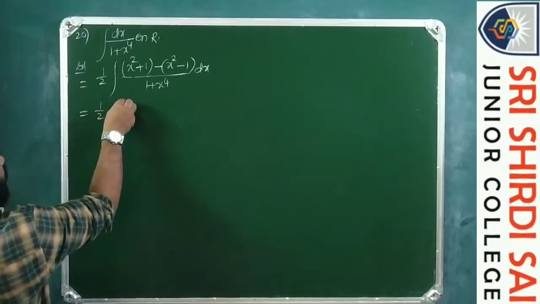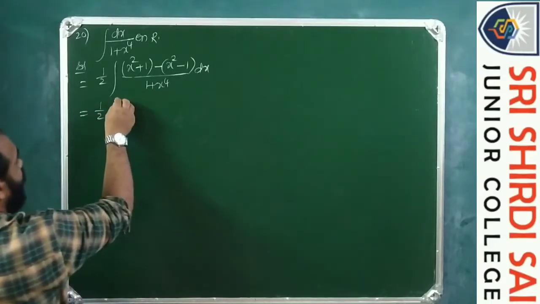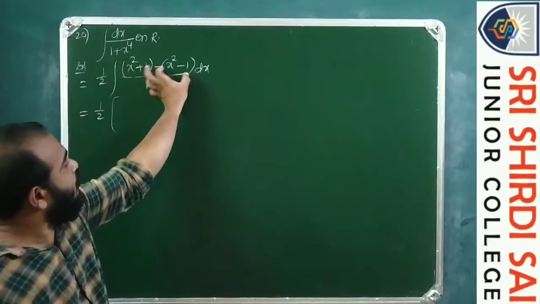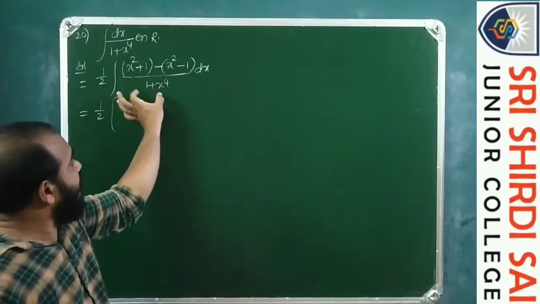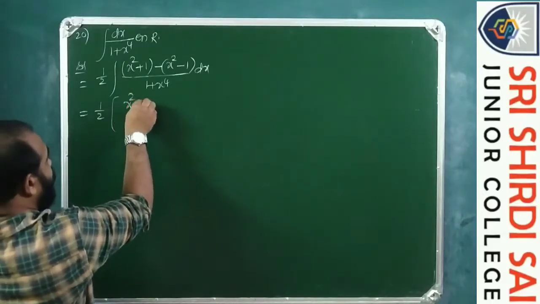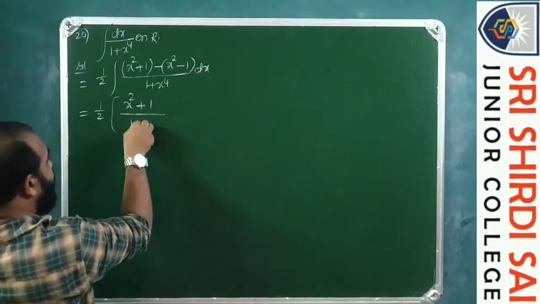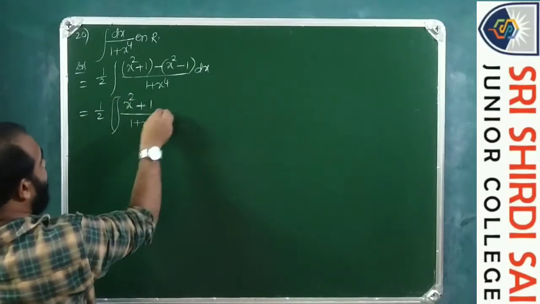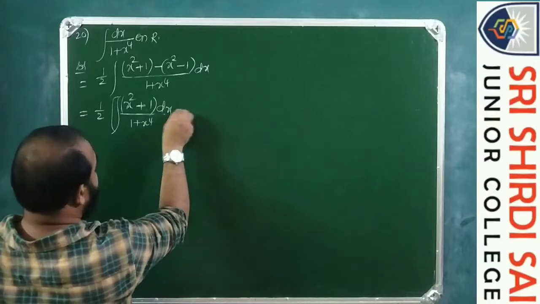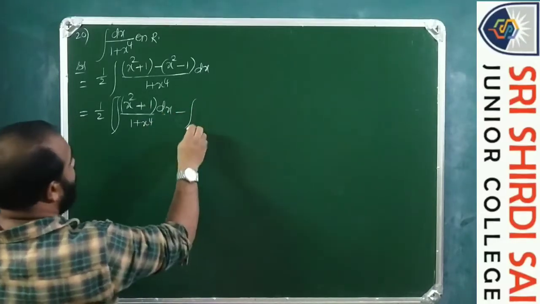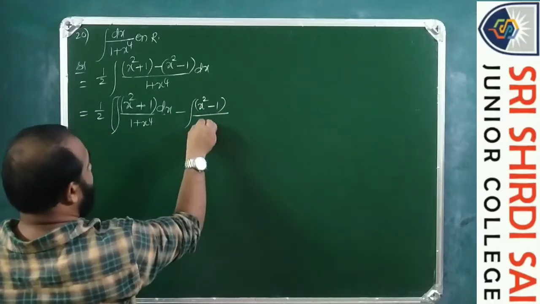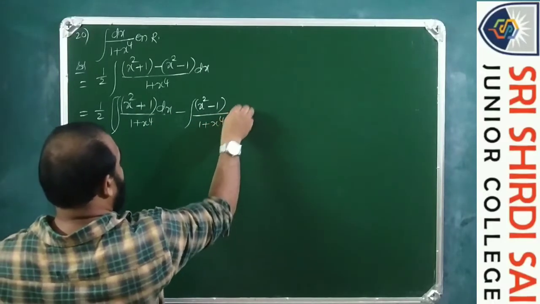So this is equal to 1 by 2. So this is a minus b by c, a by c minus b by c. So this is integral of x square plus 1 by 1 plus x power 4 dx minus integral of x square minus 1 by 1 plus x power 4 dx.